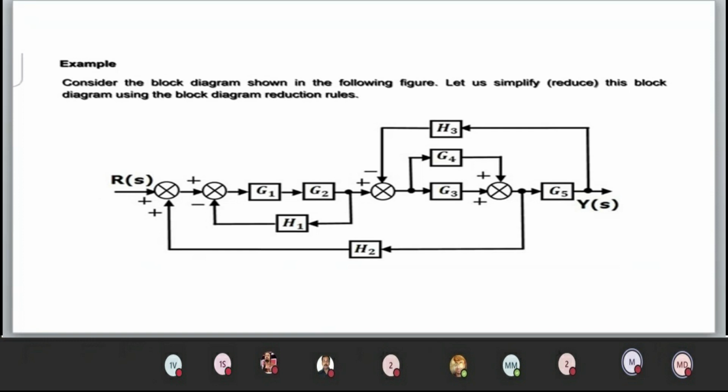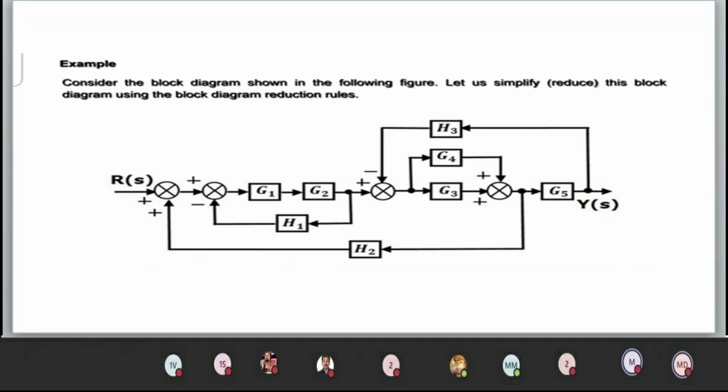Okay. In this problem, you can notice easily G1 and G2 are connected in cascade. G1 represents gain of a particular block. G2 represents gain of another particular block.